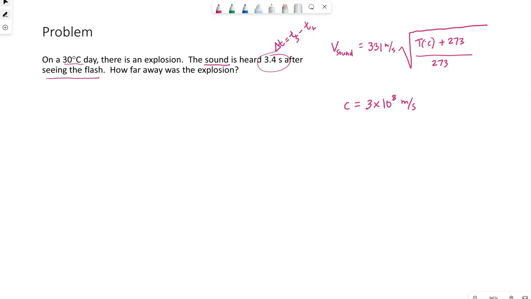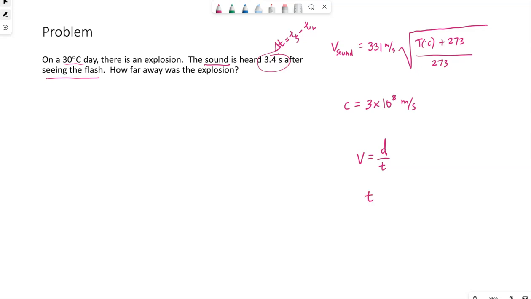So since the speed is constant, we can say the speed of either one is going to be the distance either one travels, the distance the sound travels or the distance the light travels, divided by the time it takes to get to us.